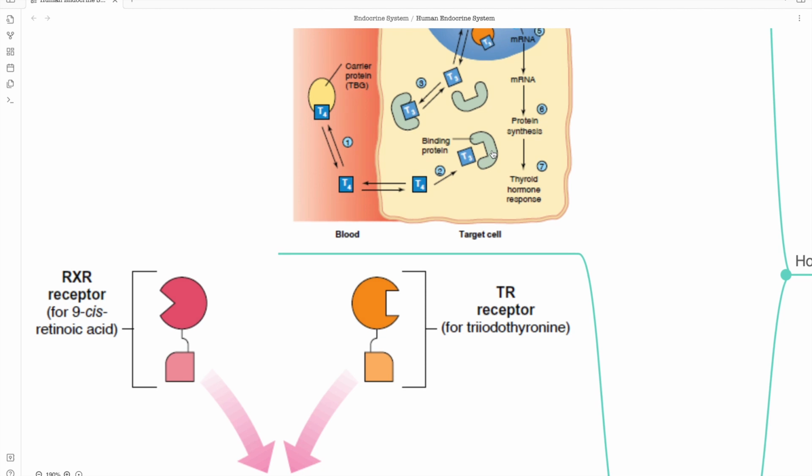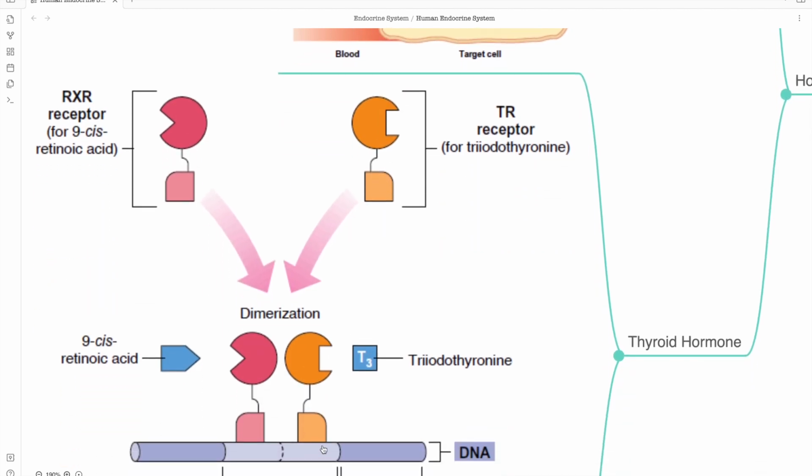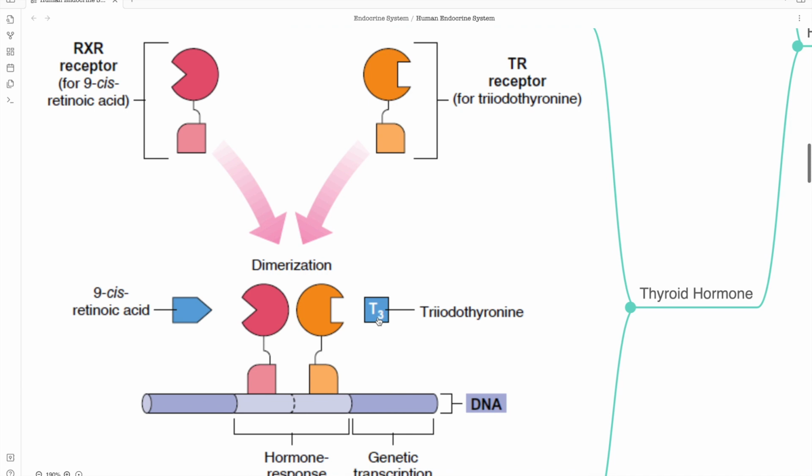The receptor of this thyroid hormone is actually present within the nucleus and remains attached with the DNA through the DNA binding domain, and there is a heterodimerization, not homodimerization, while we discuss the thyroid hormone. So that is the thing. I hope that makes sense.